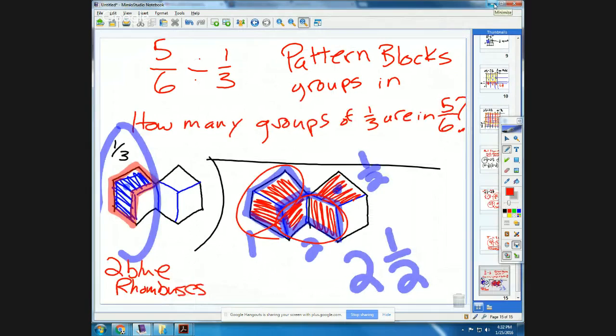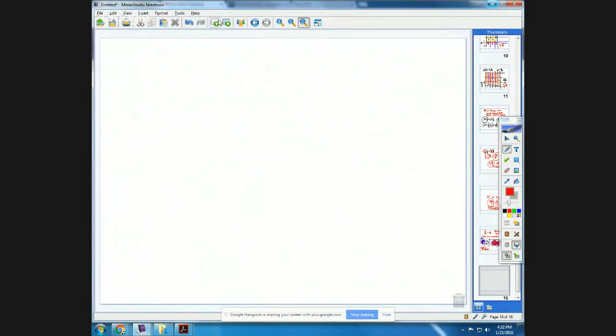So 2/3 divided by 1/2. So first, what's the question that's being asked here? How many groups of 1/2 are in 2/3? So we ought to write that down to keep us straight.